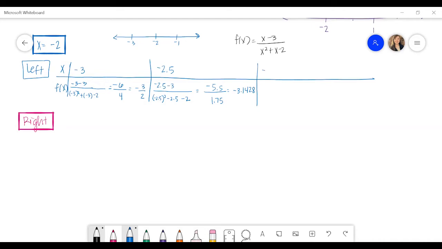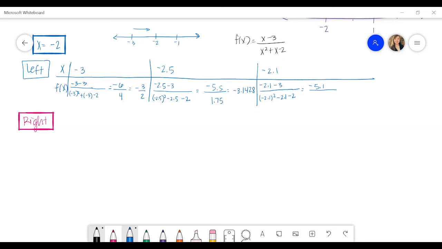Okay, we're moving more in this direction, so maybe negative 2.1. Again, I'm okay with fewer points over here, some of that's for the sake of time. Negative 2.1 minus 3, negative 2.1 squared minus 2.1 minus 2. Numerator, we get negative 5.1.